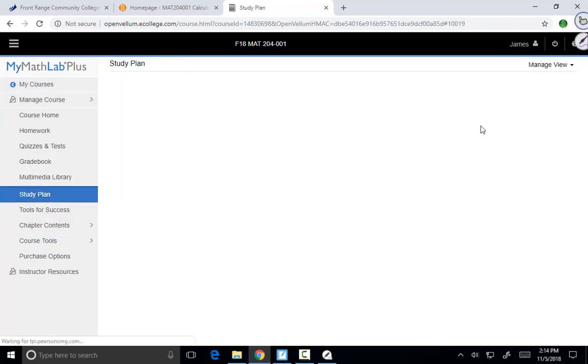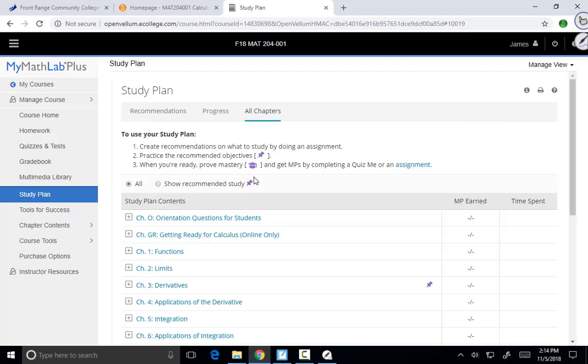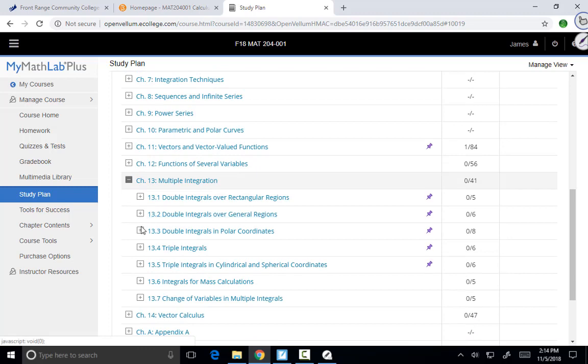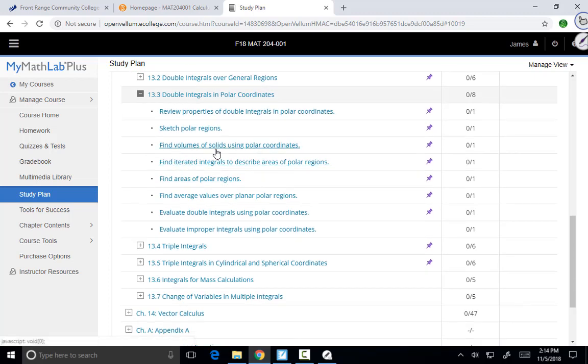Study plan 13.2. You guys are going to cheer for the one that you want to do. All right, first let's figure out the topic. Volume of the solid using polar or using polar to find an area, or one of each. One of each. Okay. All right.